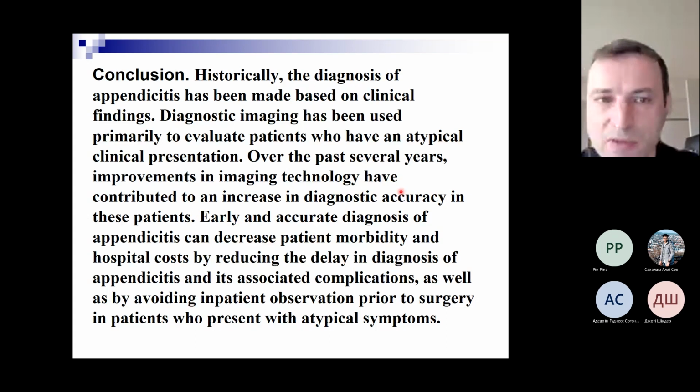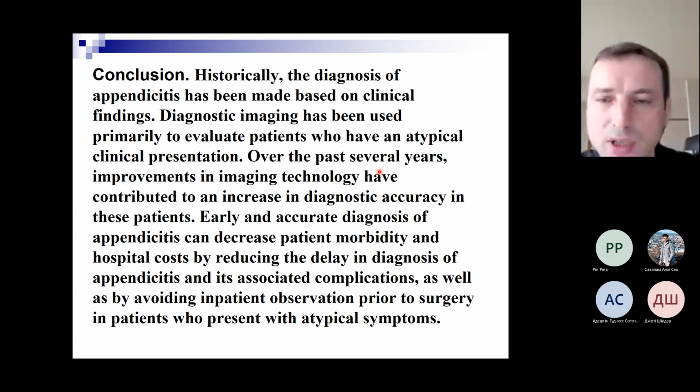Historically, the diagnosis of appendicitis has been made based on clinical findings. Diagnostic imaging has been used primarily to evaluate patients who have an atypical clinical presentation. Over the past several years, improvements in imaging technology have contributed to an increase in diagnostic accuracy in these patients.